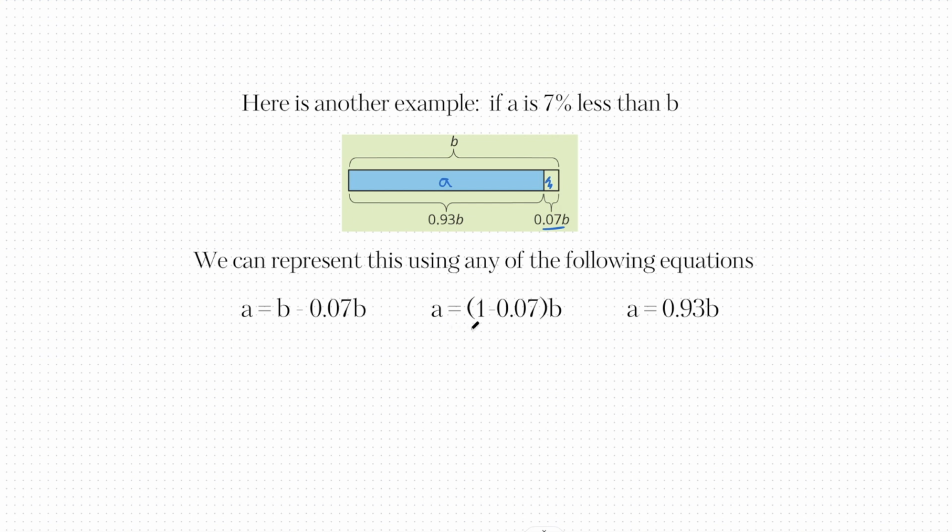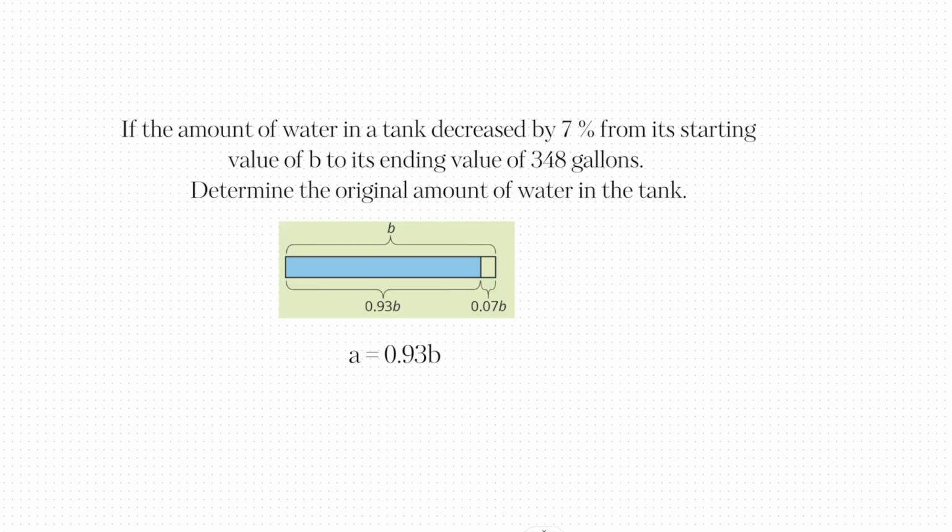A could be the number 1 minus 0.07 and then times B. Or the third one can be just A equals 0.93B. Notice the A is the blue box, and right here this amount is 0.93B. So we can use that now to solve problems like this.